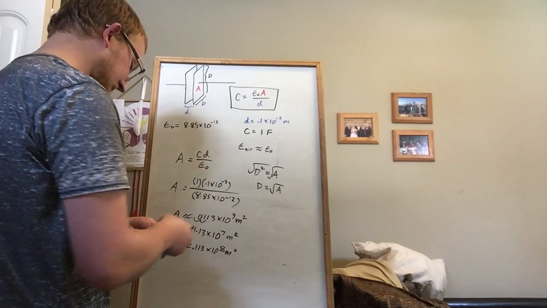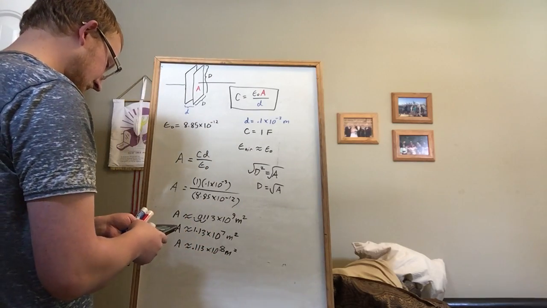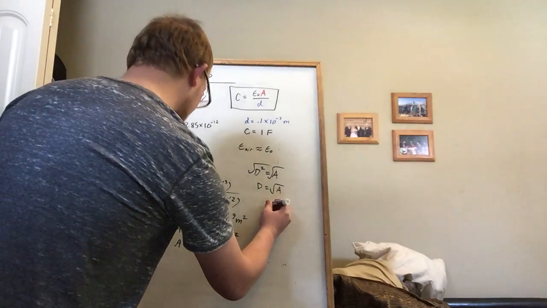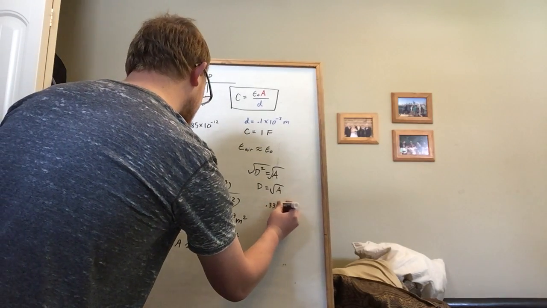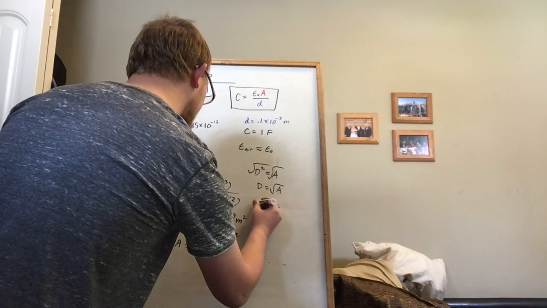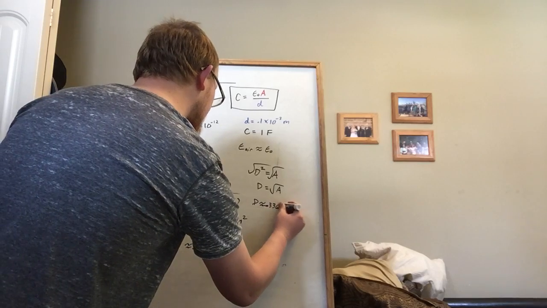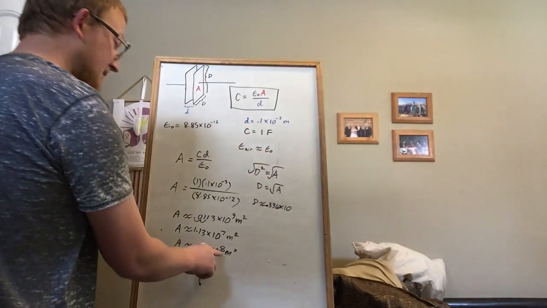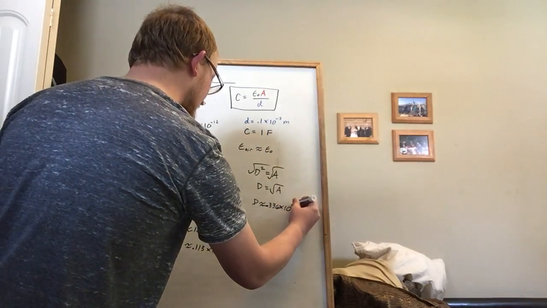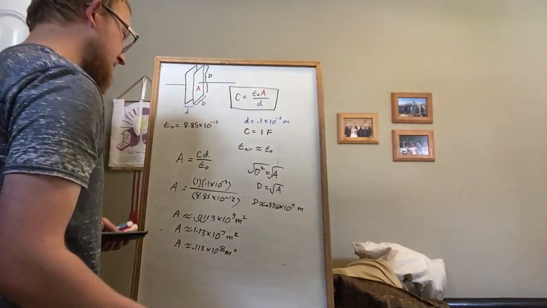Alright, so now we can take the square root of 0.113, and we end up with 0.336, roughly, times 10 to the 8 divided by 2, which is 10 to the 4, and that's meters.